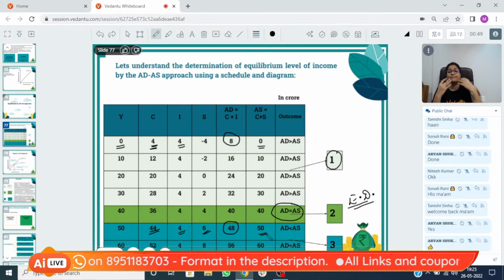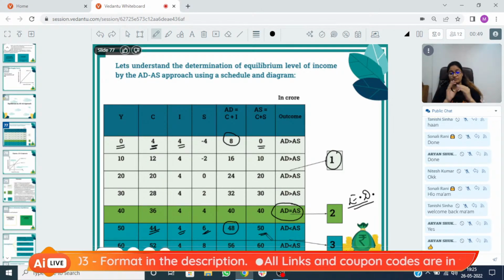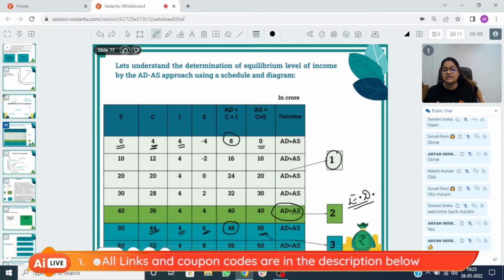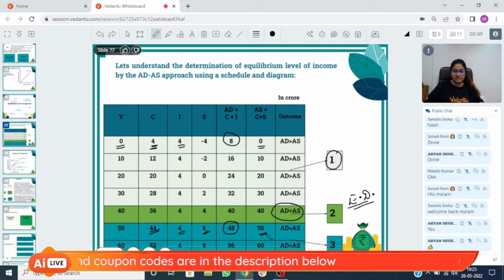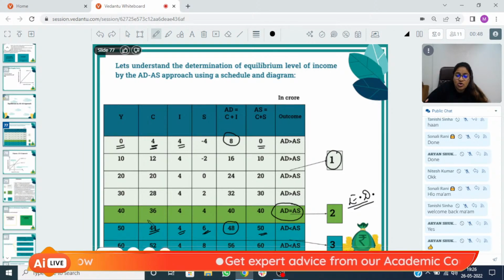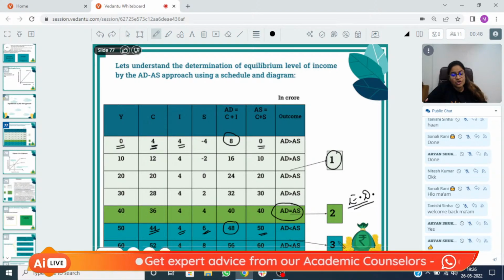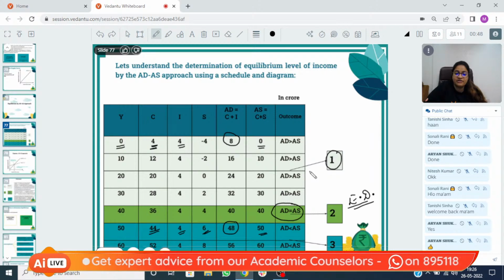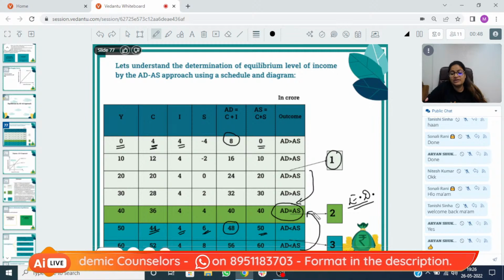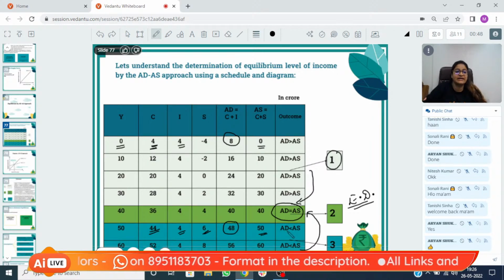Now the supply in the economy is more than the demand, which means the goods are left unsold. If the goods are left unsold, aggregate demand has to be either increased or supply has to be reduced. So eventually, whether from phase 1 or from phase 3, you will reach phase 2. In phase 2, aggregate demand is equal to aggregate supply.